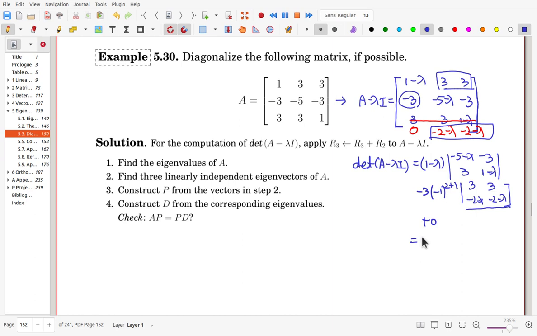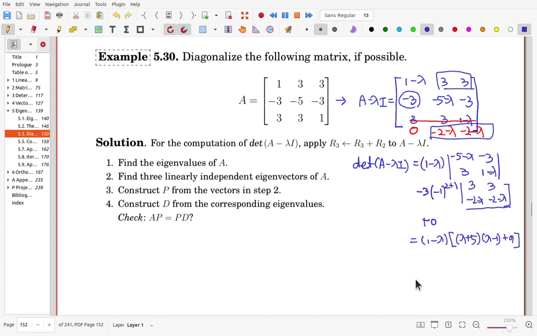That is the same as 1 minus lambda times the determinant, and with a multiplication of minus 1, we have lambda plus 5 and lambda minus 1, plus 9.